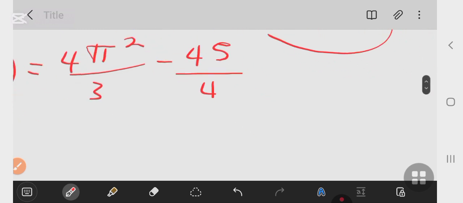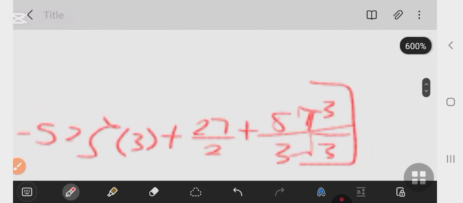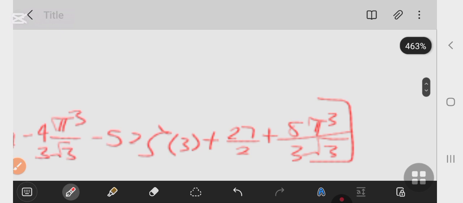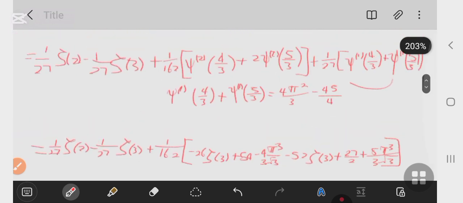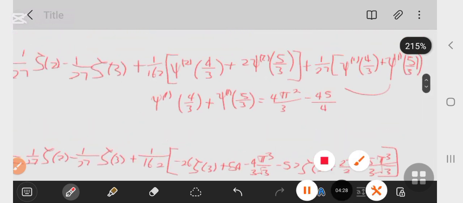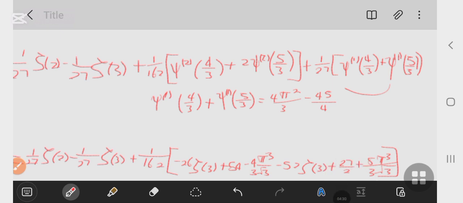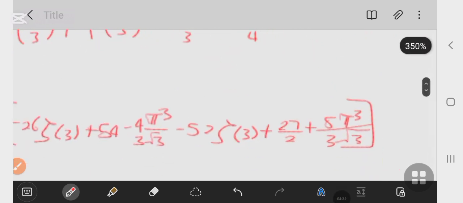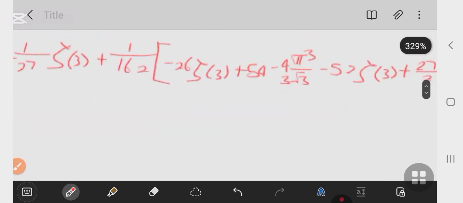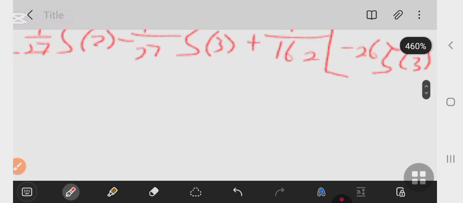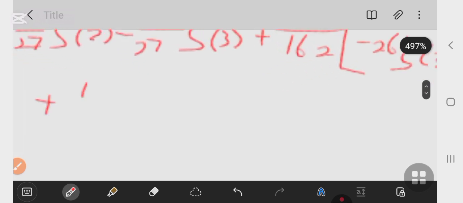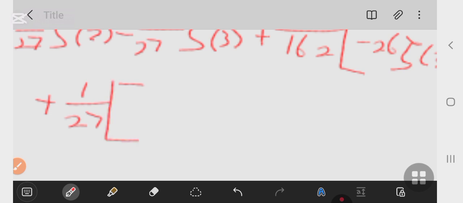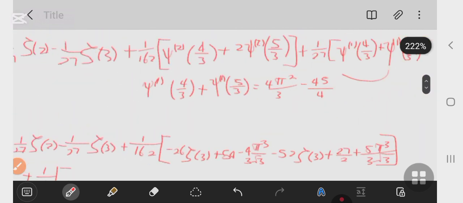Okay, so applying it here now, I have, remember this, let me write it under. I have this plus 1/27 all into the value of the sum of the both, which is this.